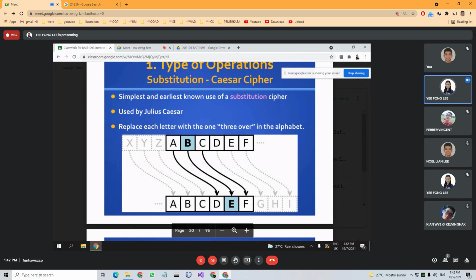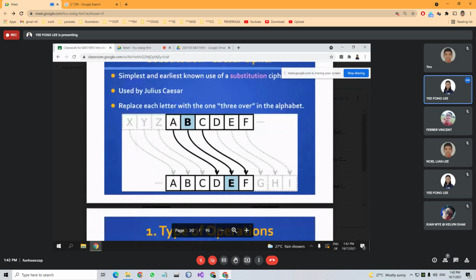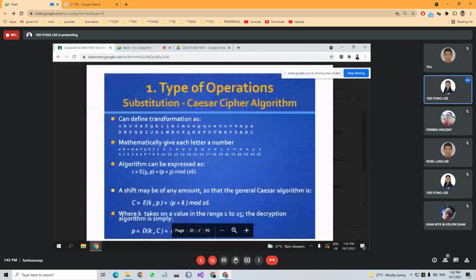Just follow the arrangement. So this is the earliest known, the simplest and easy to understand encryption method. Slowly people got to know it already, so they had to think of something else. So this is a Caesar cipher substitution.